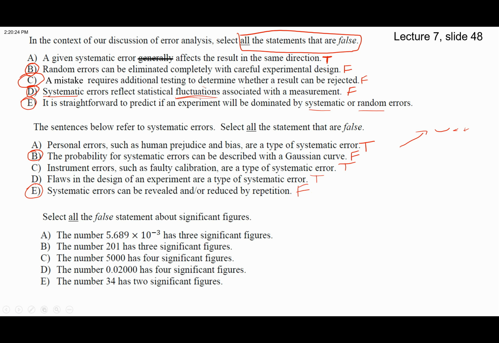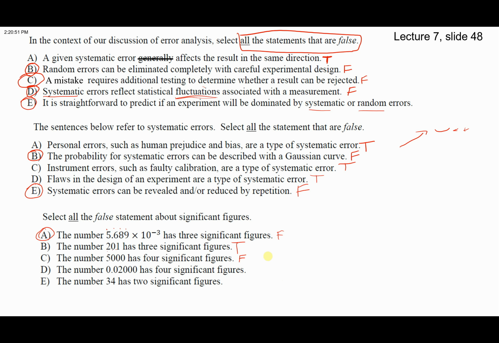Select all false statements about significant figures. The number 5.689 times 10 to the minus third has 3 significant figures. 1, 2, 3, 4. That's a big old false. Okay, so we're selecting false ones. The number 210 has 3 significant figures. Correct. 1, 2, 3. The number 5,000 has 4 significant figures. That is a big old false.